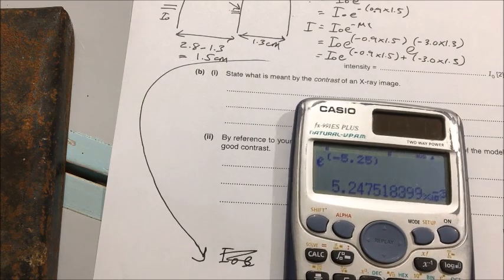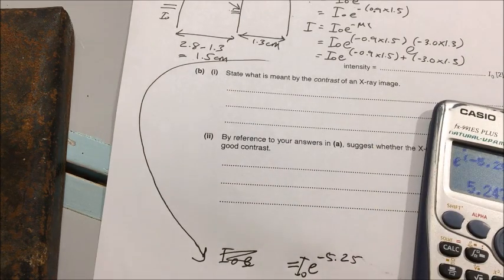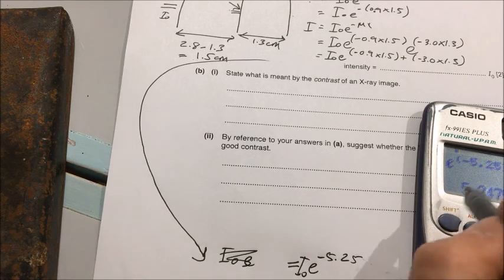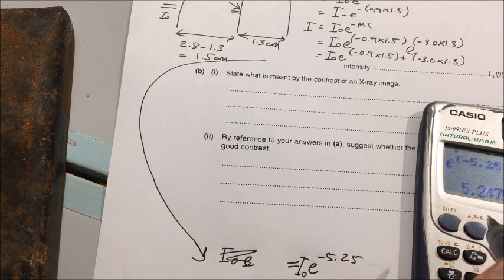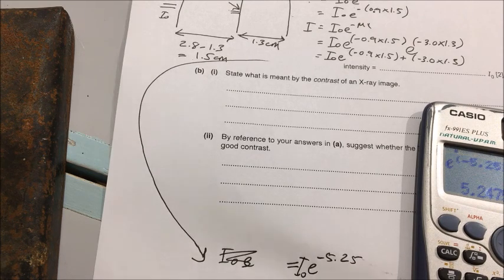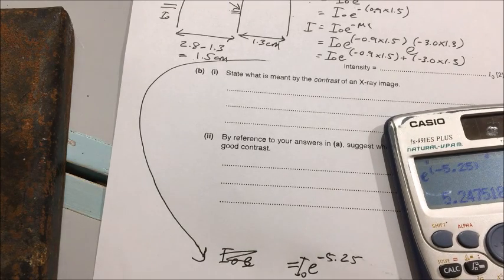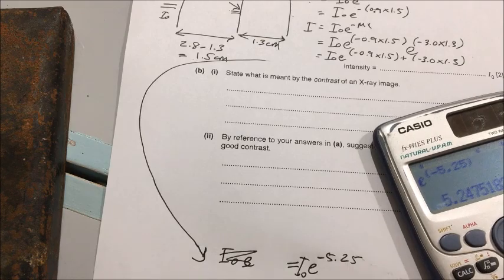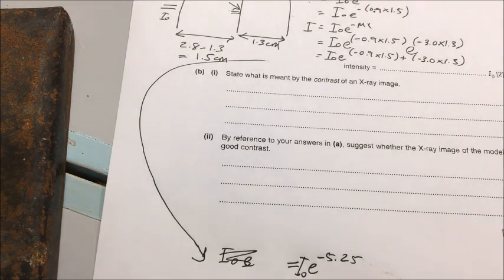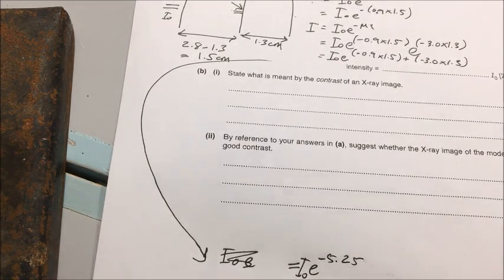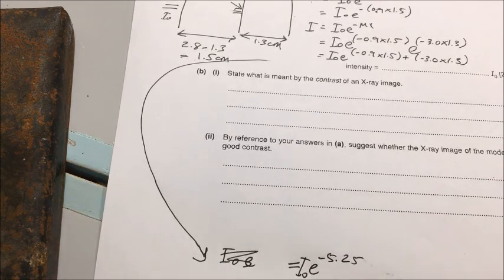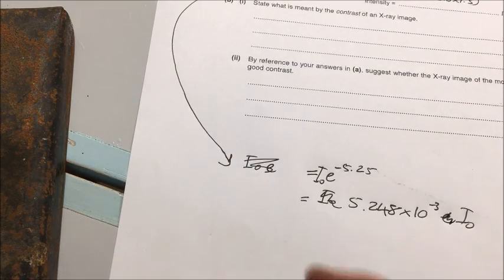So I'm going to change that into more sensible numbers. It'll be 5.248 times 10 to the minus 3, I0, like that.